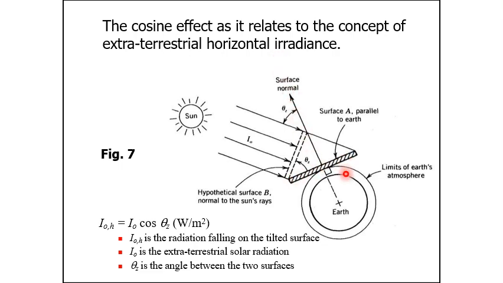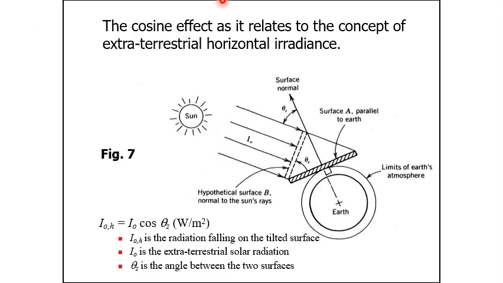So we can see that now if we rotate this plate by theta z, by zenith angle, toward anti-clockwise, then it will be able to receive the entire amount of I naught according to the aperture of that plate, right? So we can say that the radiation falling on the tilted surface is actually the cosine of the I naught, or the solar constant.